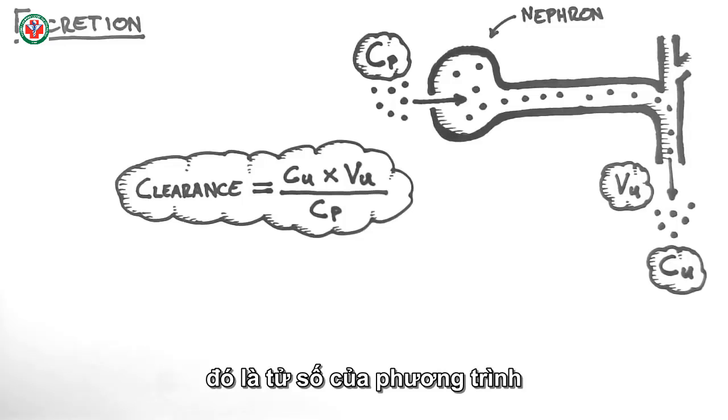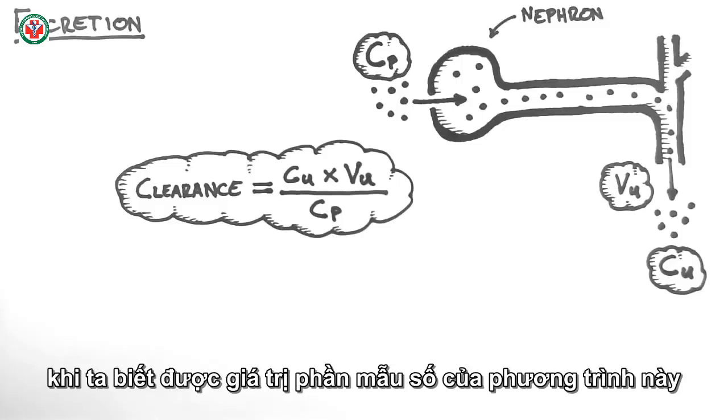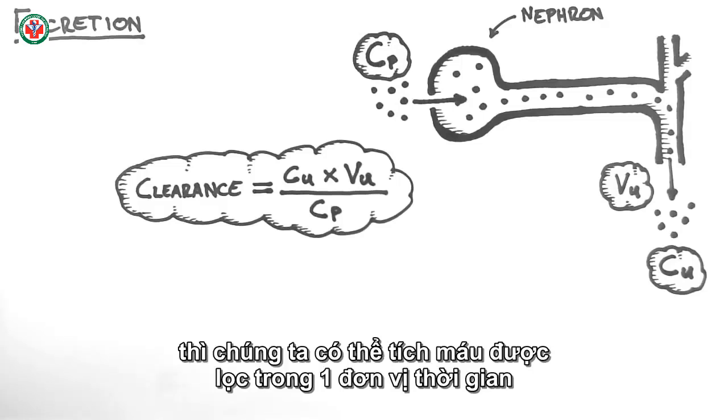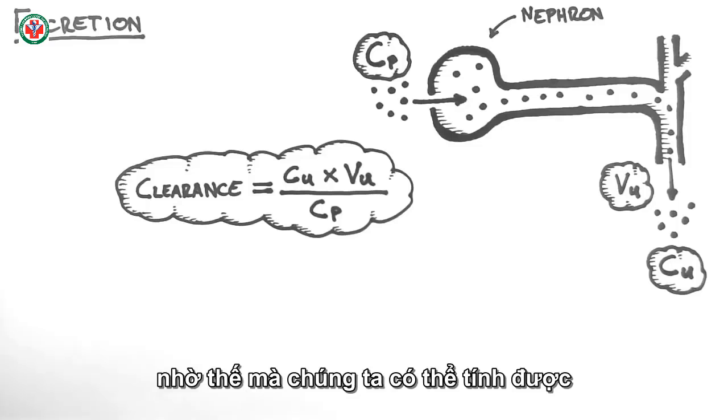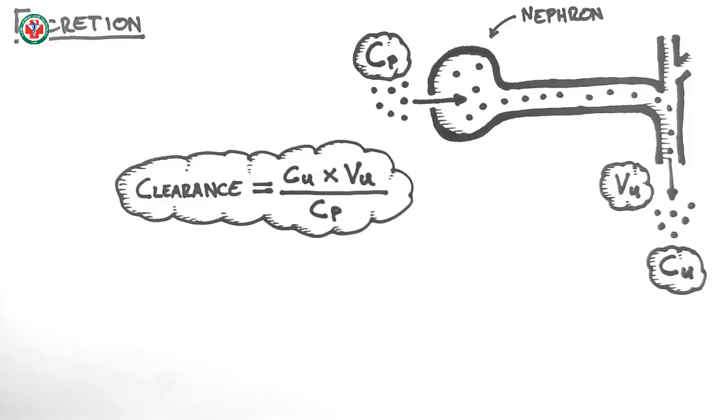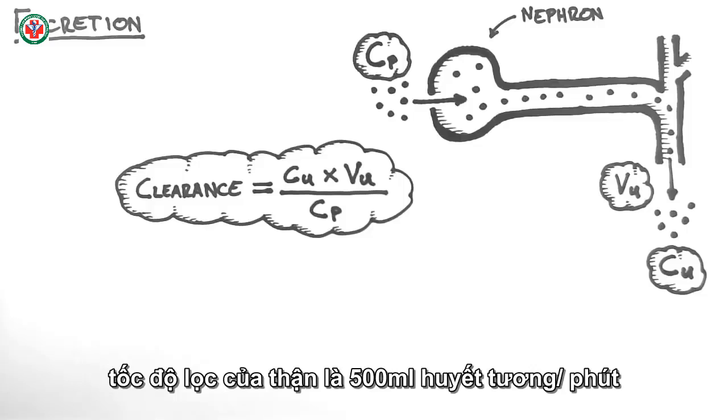This is the top part of the equation. When the bottom part of the equation is factored in, it will give us a volume of plasma per unit time. Thus we can say something like 500 ml of plasma is being cleared of the drug per minute.